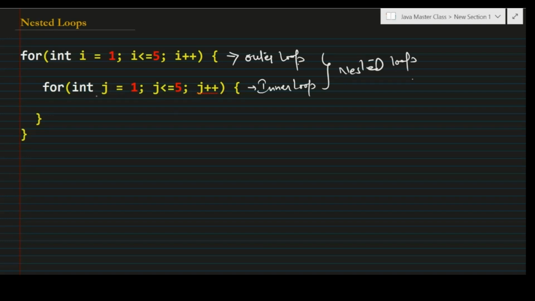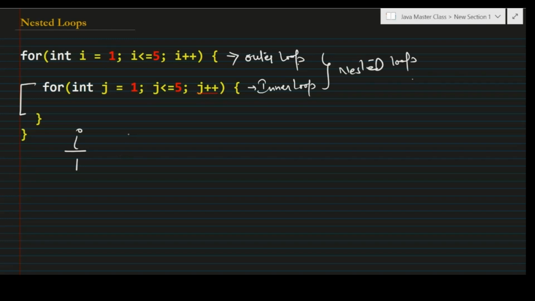For example, if you can see over here, the outer loop is starting from 1 going till 5. Similarly, the inner loop is getting started with 1 and it's also going up to 5, but its execution is very important. When our outer loop starts, that means it starts with 1, then the complete iteration cycle of the inner loop will get executed for a single iteration of the outer loop.